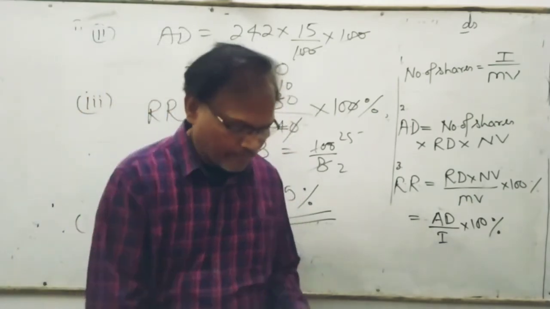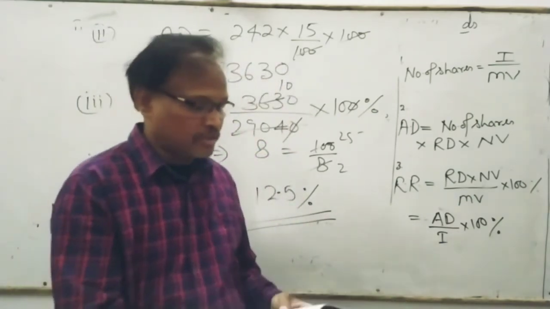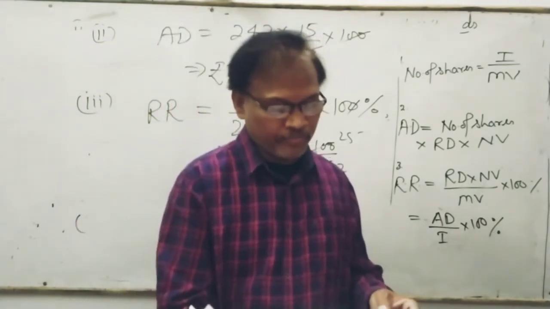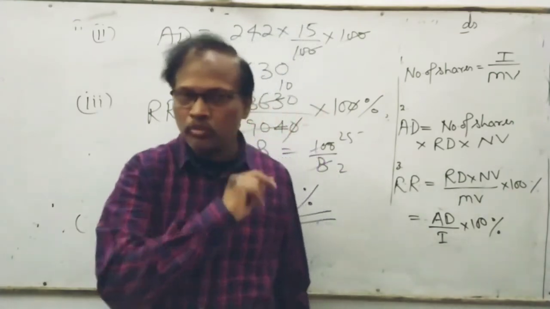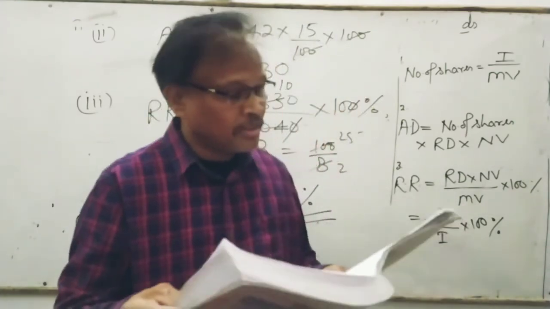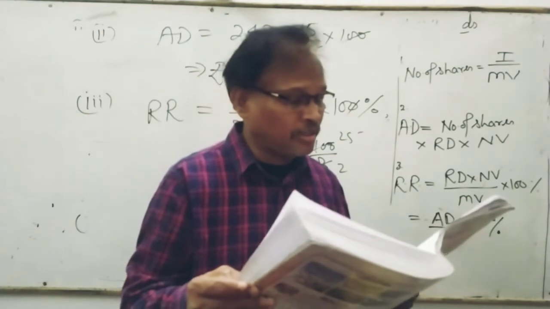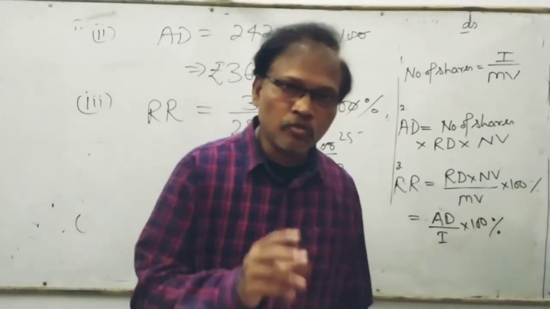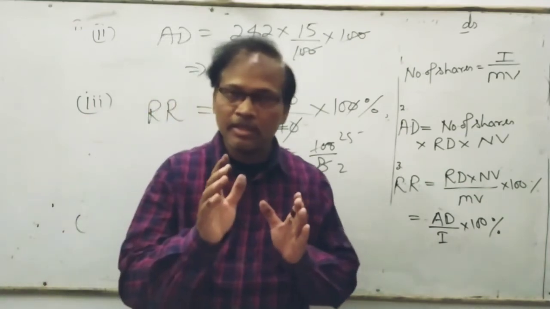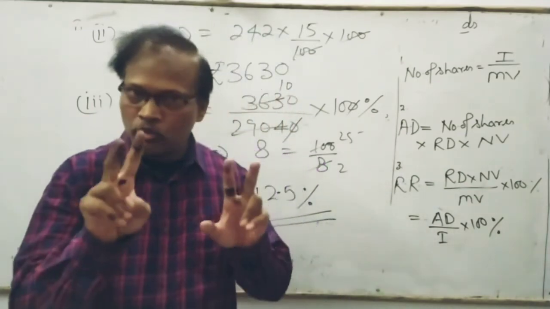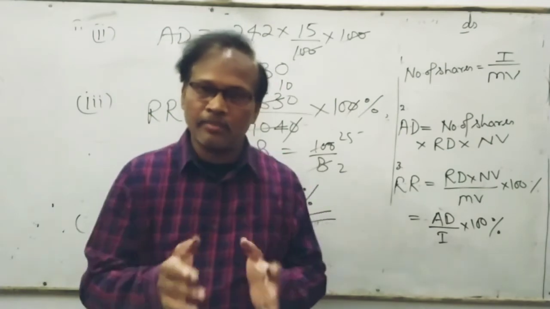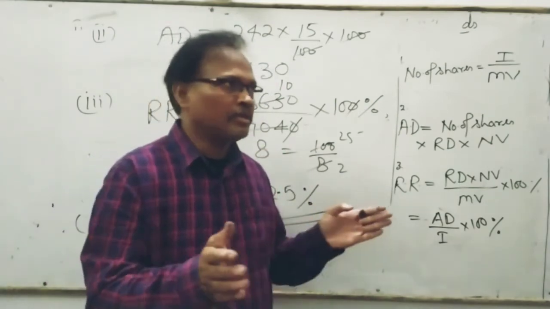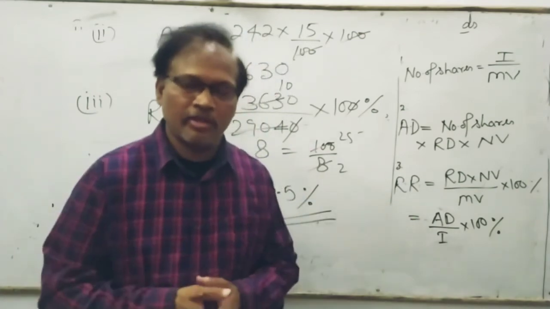There are some more questions where it is given which investment is better. Suppose you have two companies, like question numbers 21 and 22. In these two questions it is written which company is better. There are two companies and you have to find which company is better. Nominal value, market value, and investment, everything is given.